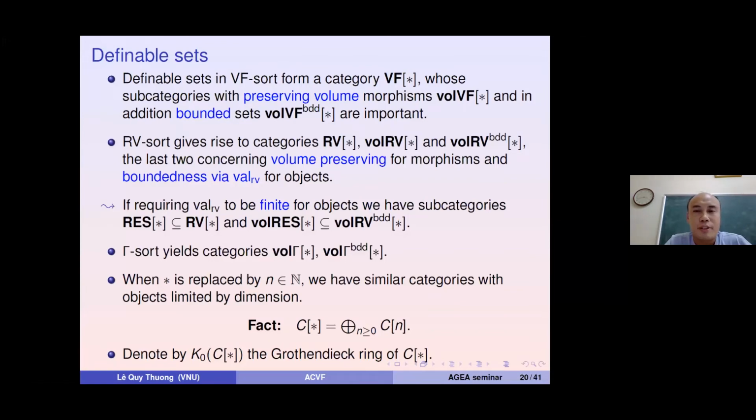We consider more conditions, for example, volume preserving for morphisms and boundedness for objects. If we require the val RV to be finite instead of bounded, we have the subcategory Res and also Vol Res. The Vol Res is a subcategory of Vol RV BDD.